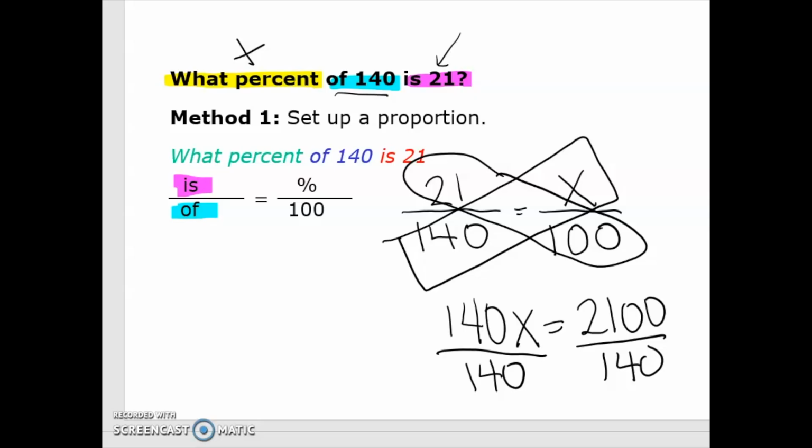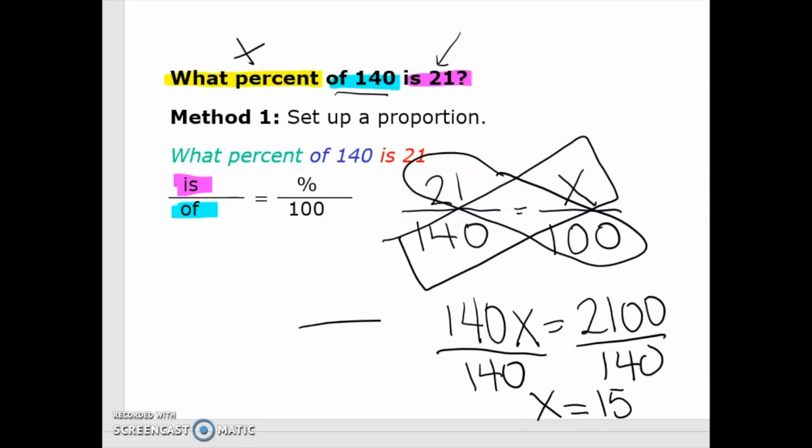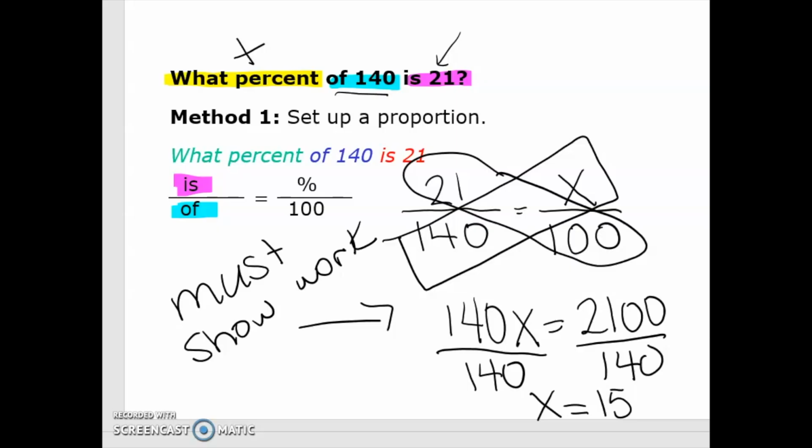So into my calculator, I'm typing 2,100 divided by 140. And I get the answer x equals 15. Again, you must show all your work, but you may use a calculator just for the division. Okay, it's really important that we're showing all those steps.